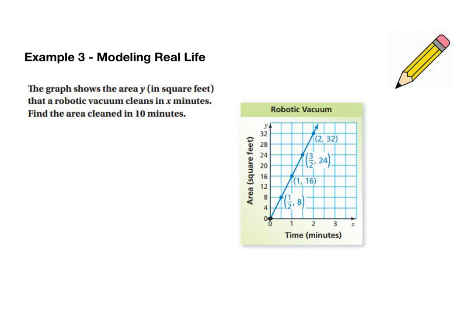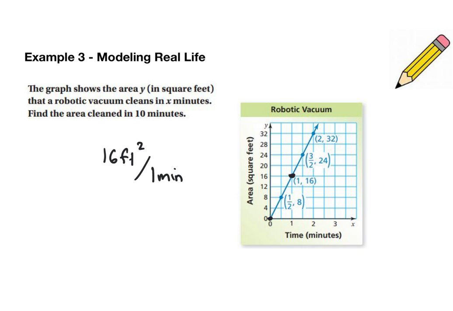So therefore, we can write an equation that represents this relationship between area and time. Because the graph passes through the point 1, 16, right here, that's kind of a nice point. The unit rate is 16 square feet per 1 minute. Unit rate means per 1.